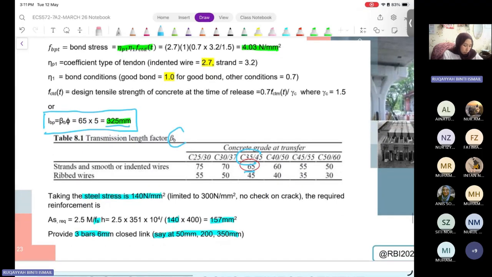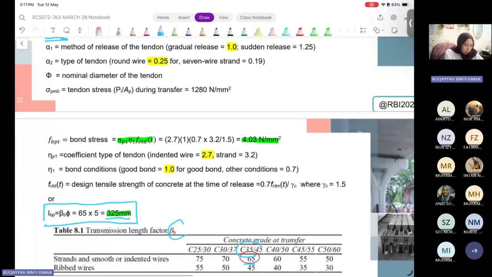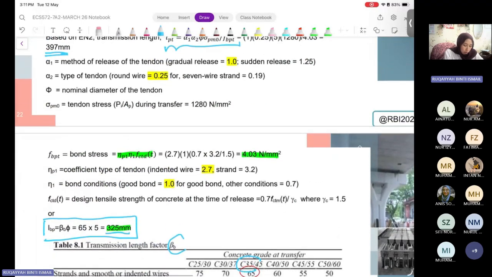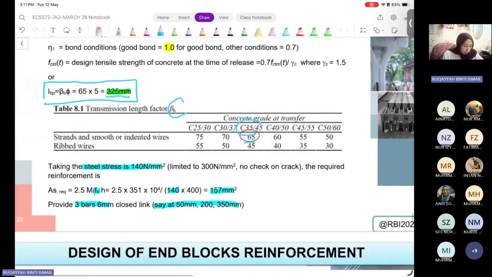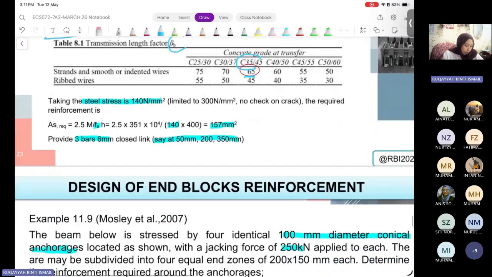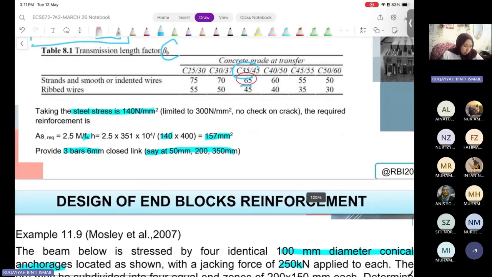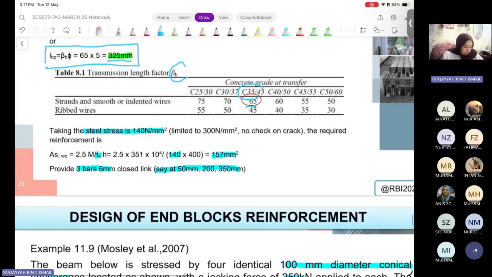So you get around 325 mm. Looking at the difference, it's not much difference. So it's still like 300 plus transmission length, plus minus. Okay, is everyone fine so far?